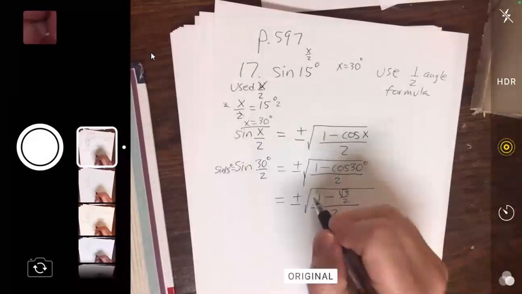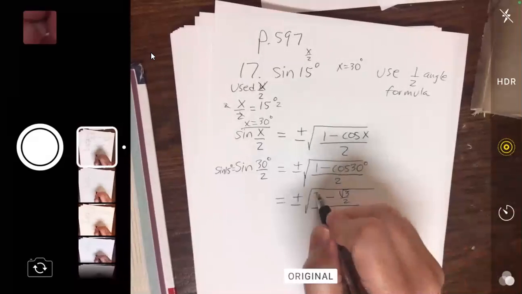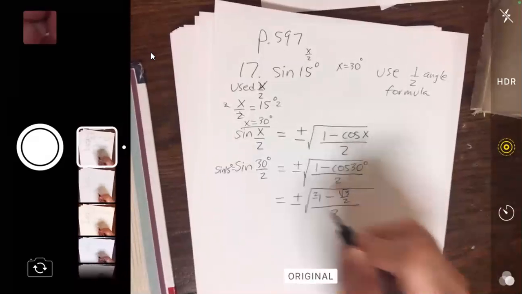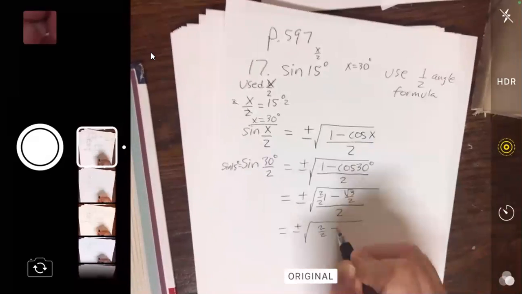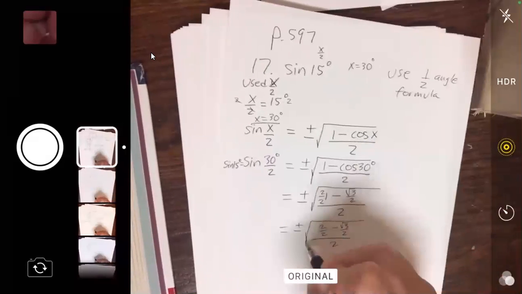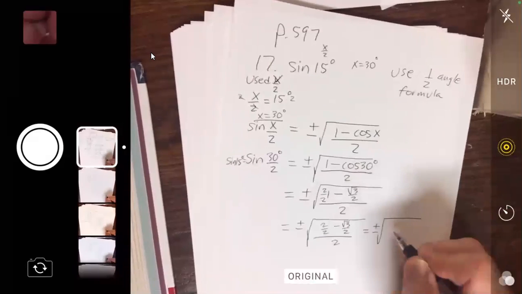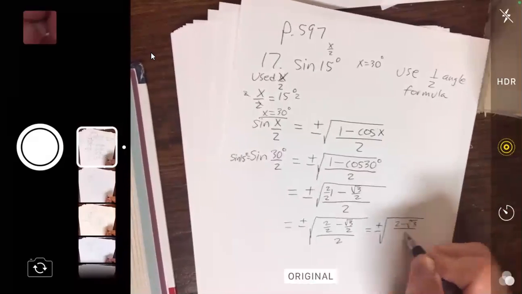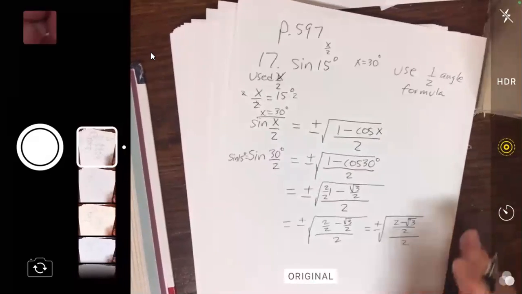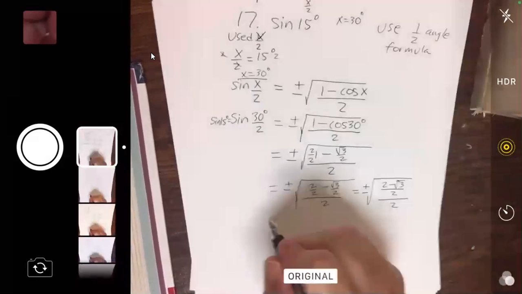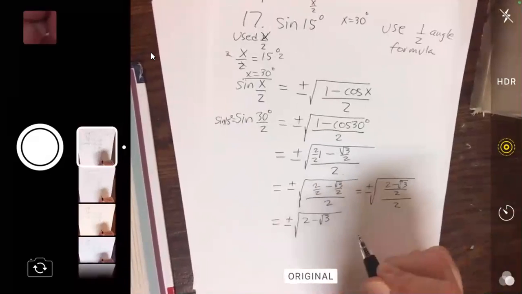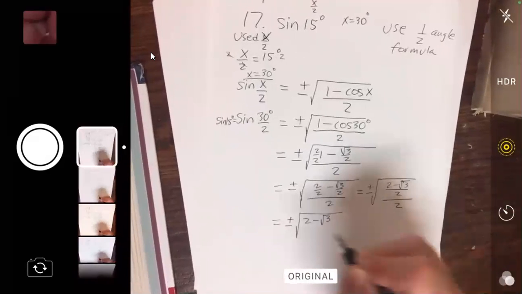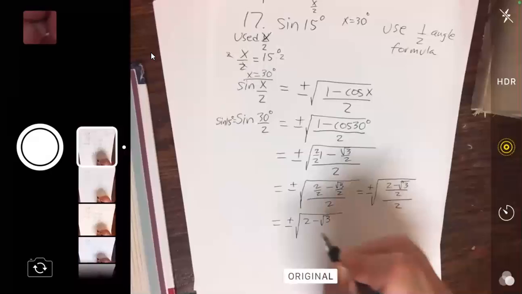But if you want to see what it is, 2 over 2 for that one there, you'd have plus or minus square root of 2 over 2 minus root 3 over 2, all over 2, which would be plus or minus square root 2 minus root 3 all over 2, which is going to be plus or minus the big square root of 2 minus root 3 over 2 times 1/2, because remember this would flip.